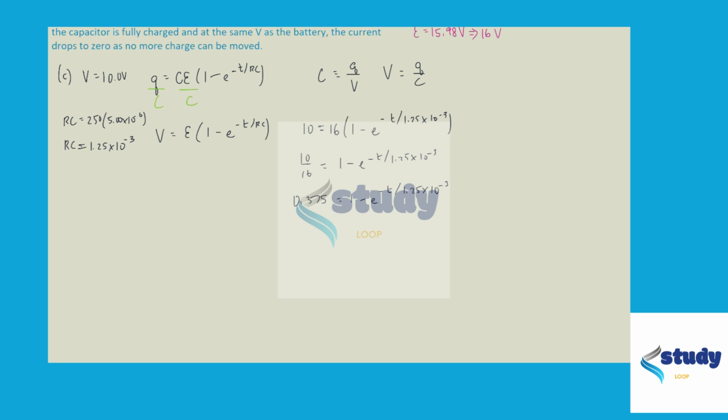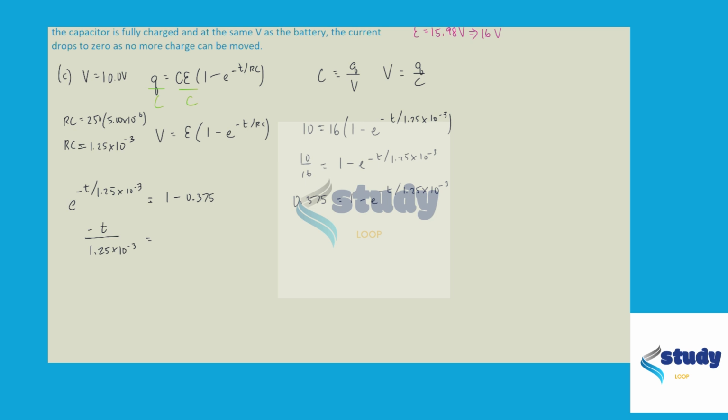And so I'm going to subtract 0.375 from both sides and add that value for e. I'm going to come over here to the left. So e to the minus t over 1.25 times 10 to the minus third equals 1 minus 0.375. And from here, we will take the natural log of both sides, which leaves me with negative t over 1.25 times 10 to the minus third.